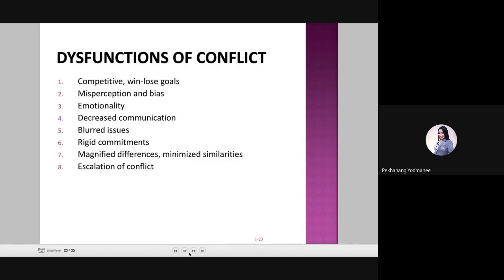Both sides believe that by adding more pressure, more resources, commitment, enthusiasm, energy, power, they can force the other to capitulate and admit defeat.